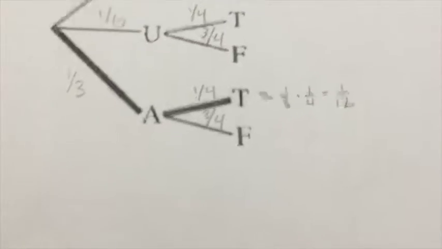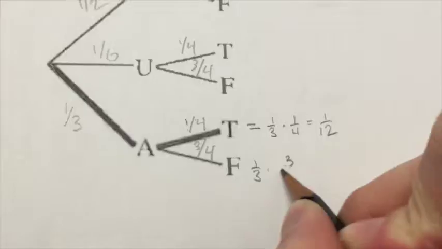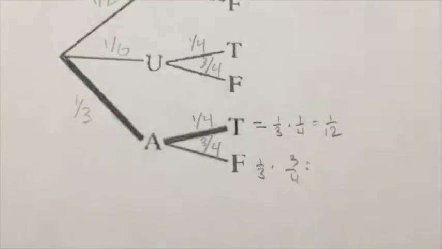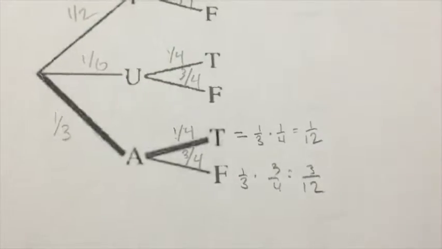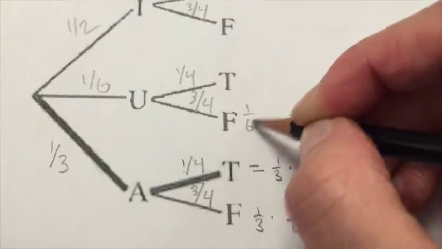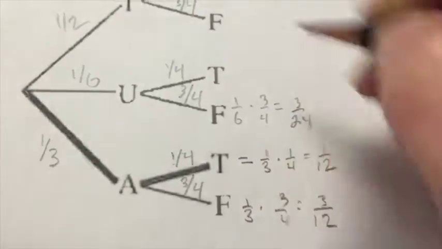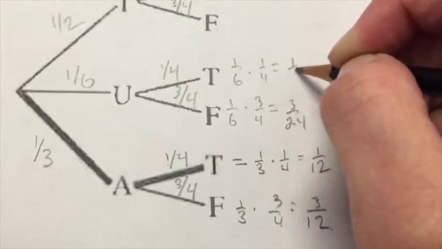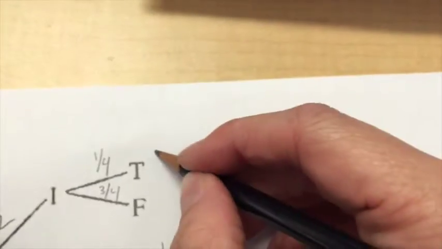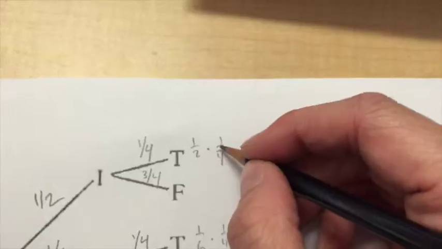So let's go ahead and show you for the rest. So 1/3 times 3/4, right? The 3's will cancel out eventually, but for our sake of argument, let's just leave it as 3/12 because that was what we had in our box originally. This will be 1/6 times 3/4, so this was 3/24. This is 1/6 times 1/4, so 1/24. 1/2 times 1/4, because again, here's the 1/2.